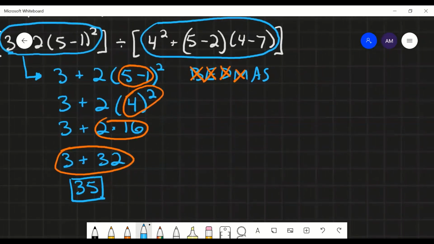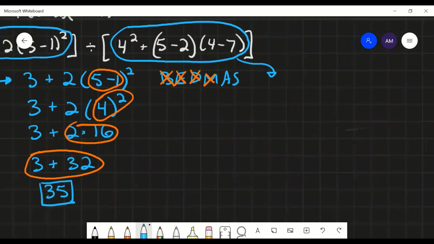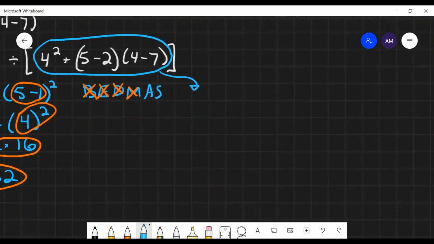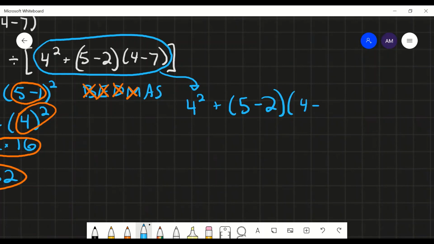Now we have to do the next set of brackets, which was this other thing that I circled in blue. All right, it's here. 4 squared plus (5 minus 2) times (4 minus 7).